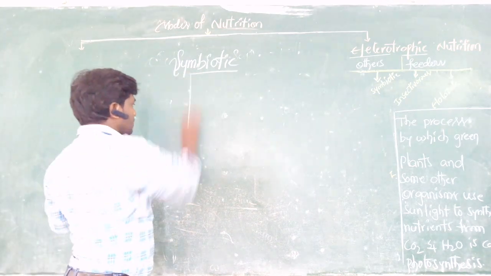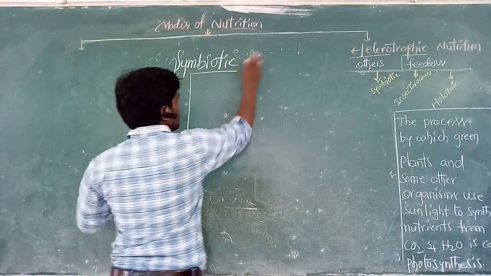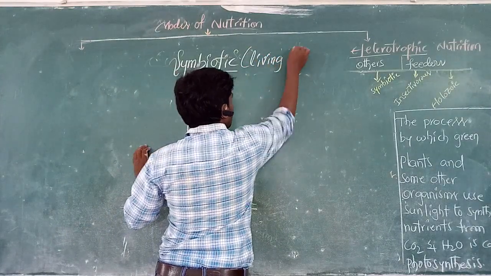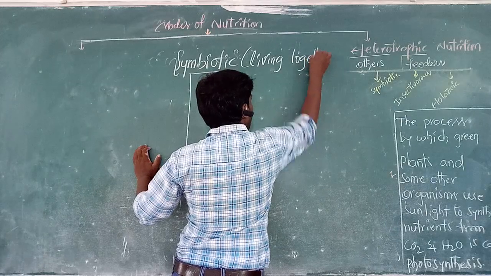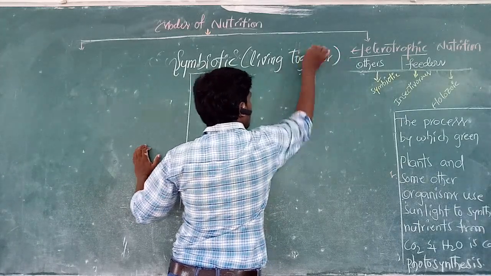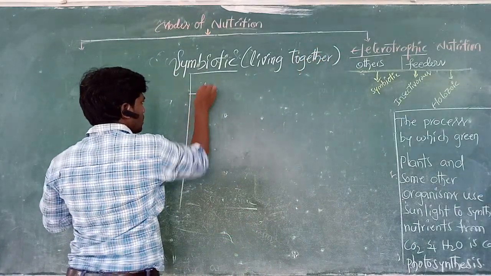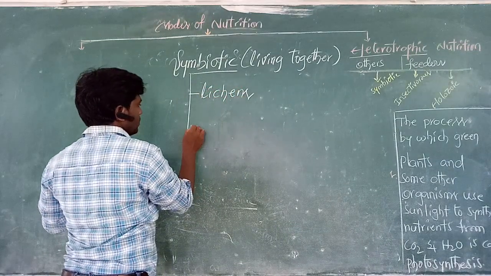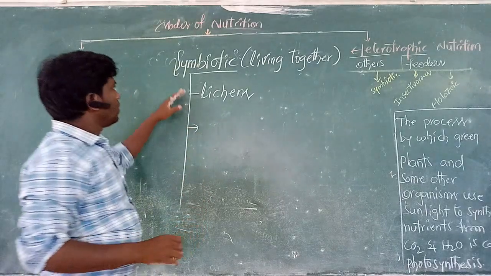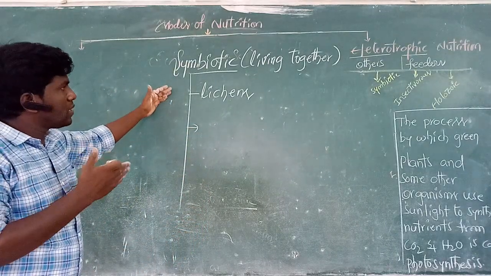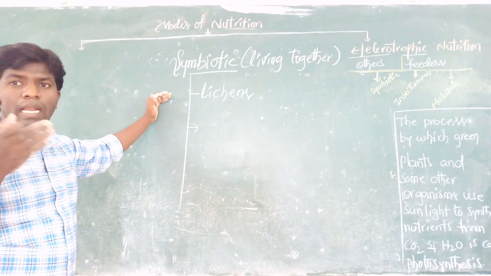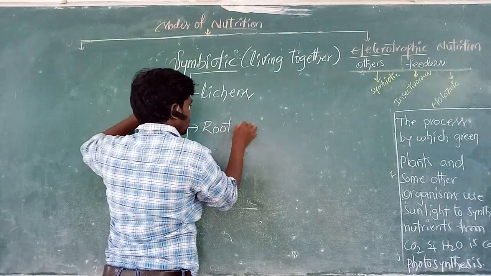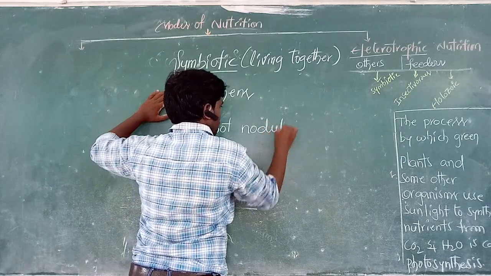So examples of symbiotic relationship, I mean symbiotic nutrition: lichens and root nodules.